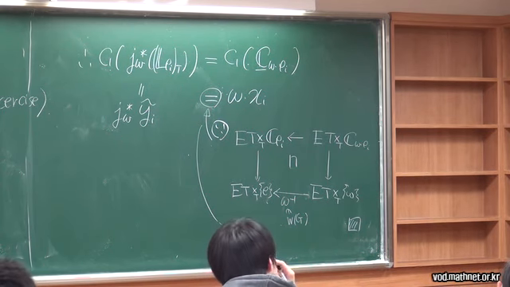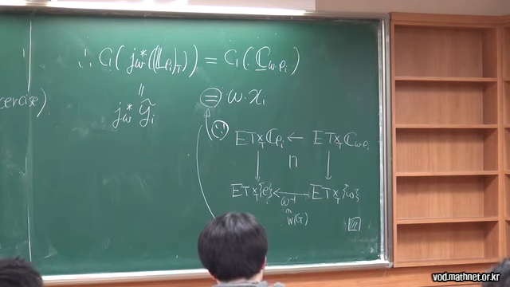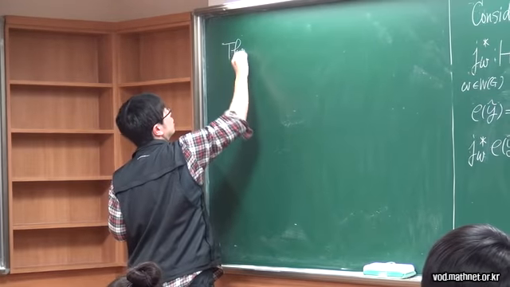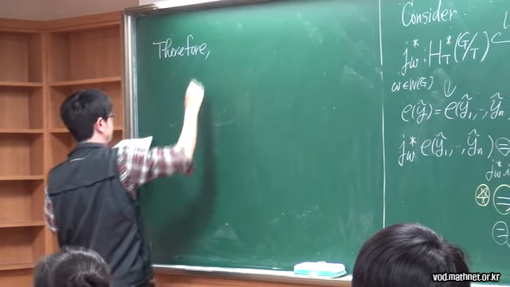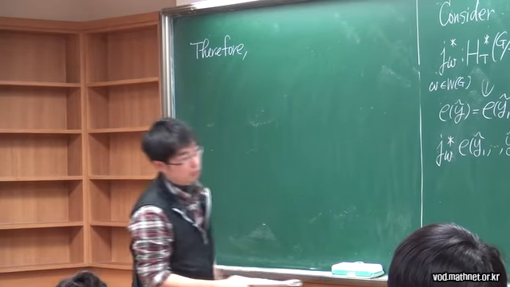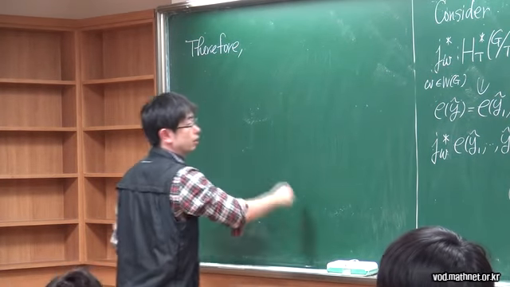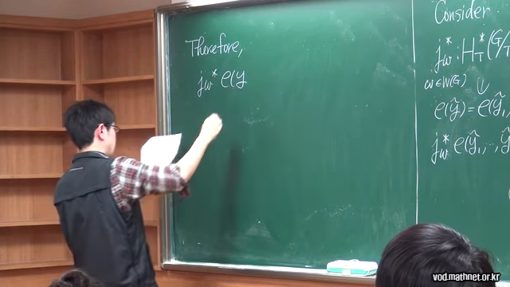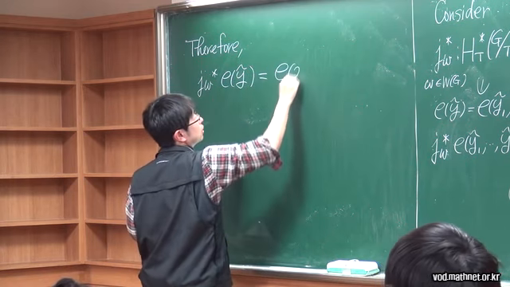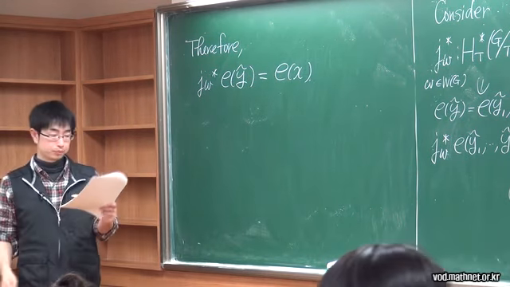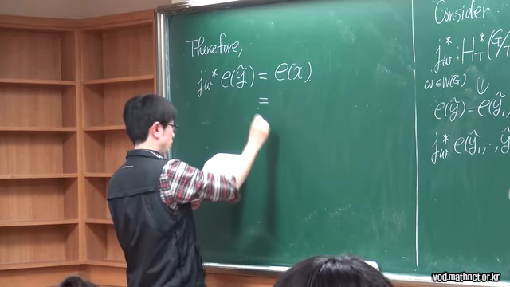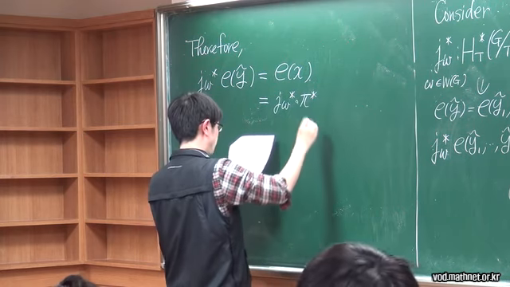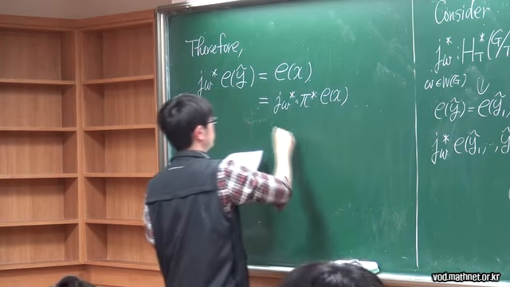So therefore, what can we say? Actually, in this step, we need to use a localization theorem. Therefore, what we've known is this part, JW star EYi tilde is equal to EX. And moreover, this EX can be written like this: JW star composed with pi star with EX. So what does this mean?